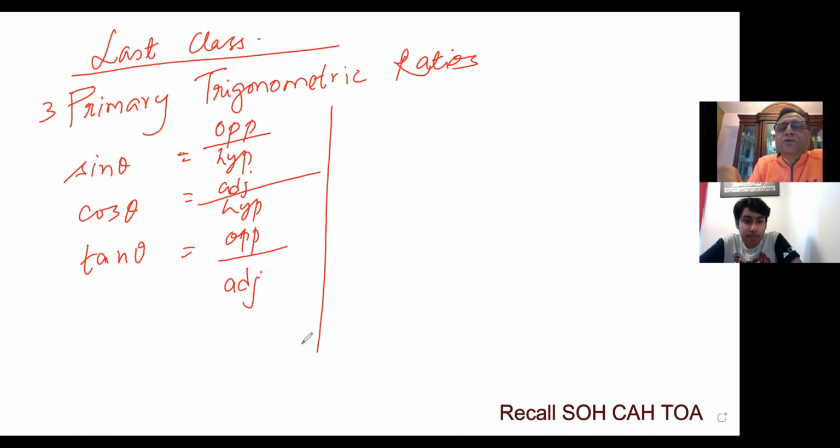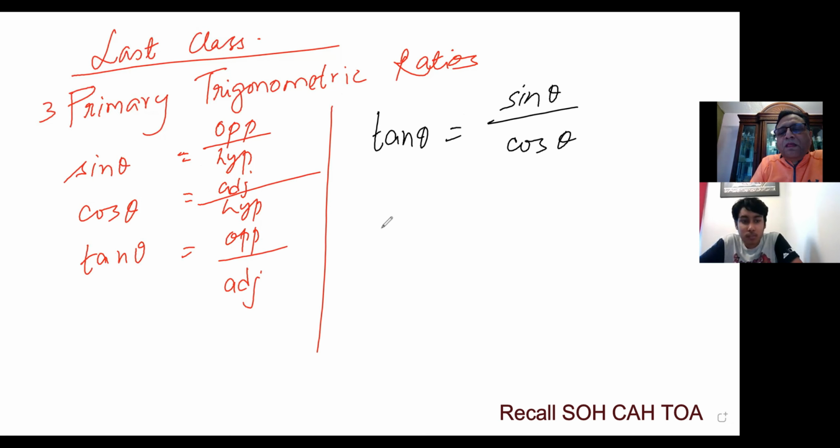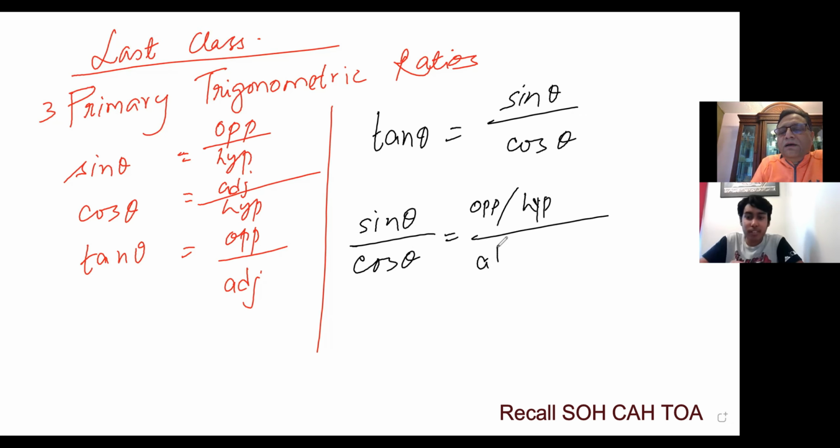And we also figured out that tan theta is also equal to sine theta over cos theta, right? And that was simple. Since we know what sine theta is, if I want to find sine theta over cos theta, sine theta is opposite over hypotenuse, and cos theta is adjacent over hypotenuse.